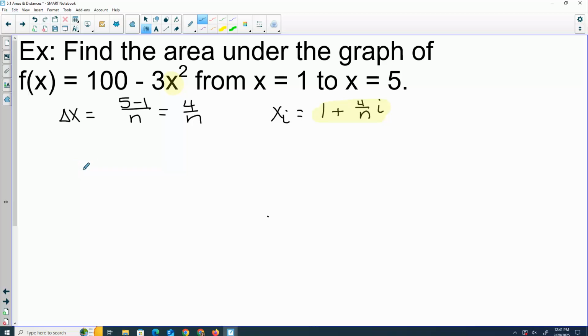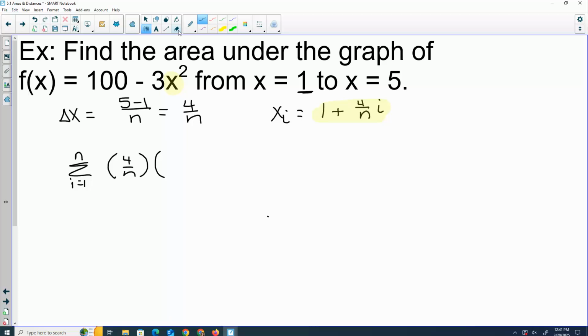Would you need to simplify that? We can't, since it's not plus 0, that's all we can do. And so again, that 1 is because that was the start of my interval. So now if we do the sum from 1 to n, length times width. So it's just your change in x times what you get when you plug this in.